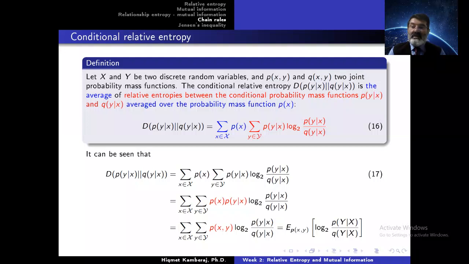Next definition is the so-called conditional relative entropy. Now let x and y be two discrete random variables, and p of x and y and q of x and y two joint probability mass functions.